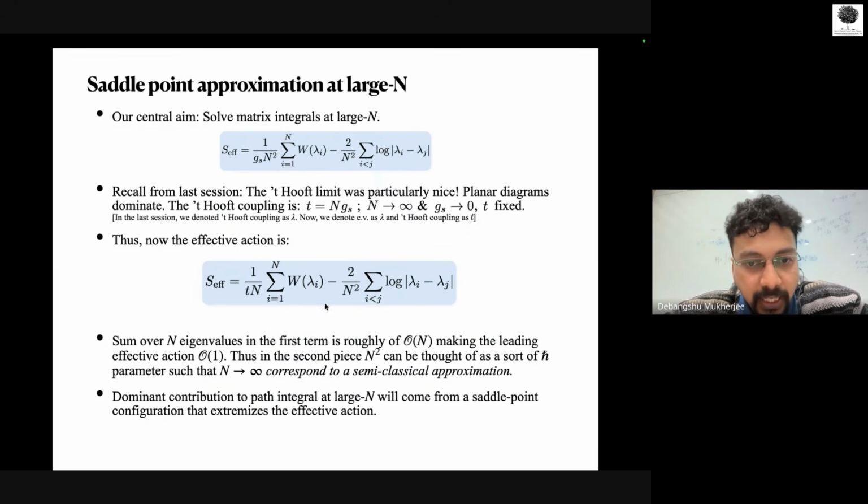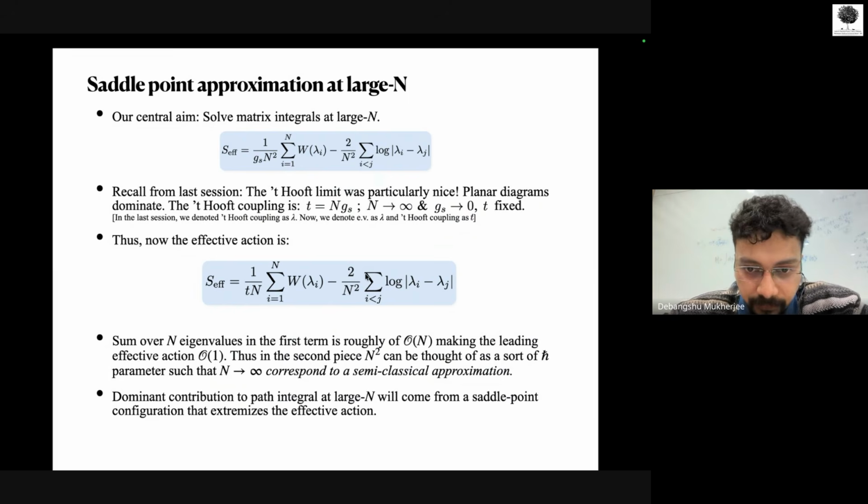Now, the sum over the N eigenvalues in the first term is roughly of order N. So that makes this overall action some order 1 quantity, because remember, this t is right now a fixed number. It is finite. Because we are in this strange limit, it's not of order N.